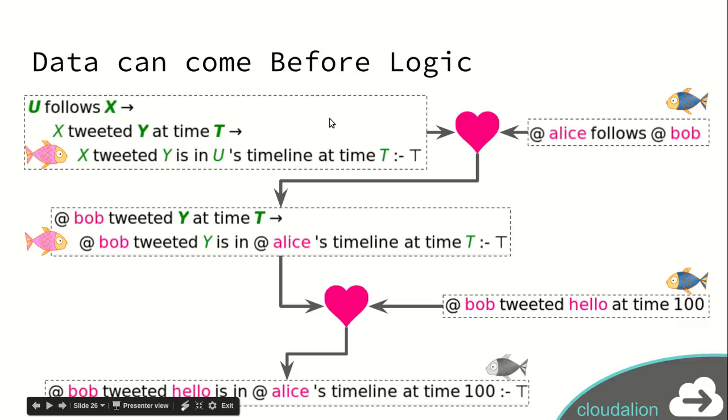Now this is something that is very hard to do in traditional systems. This process of changing the code after you already have data is called data migration, and it's a very powerful and painful process usually.